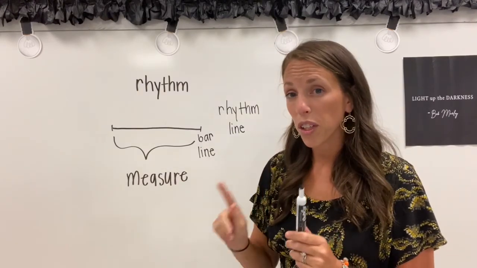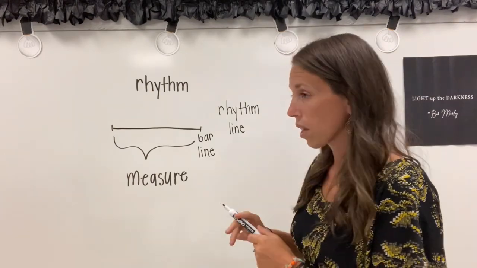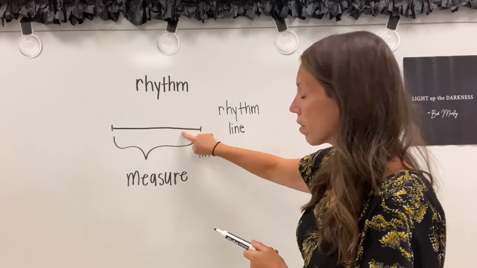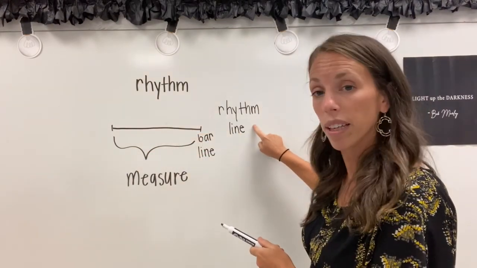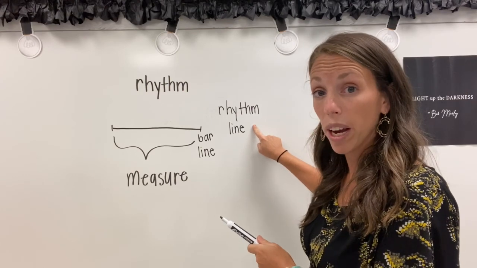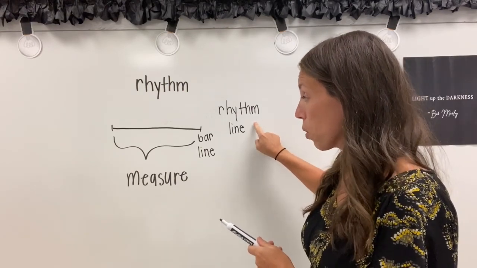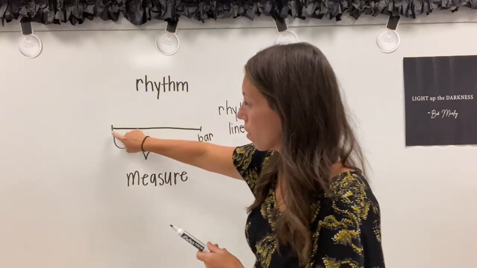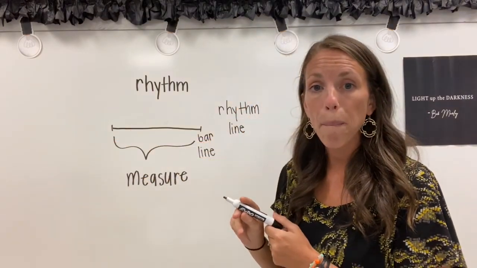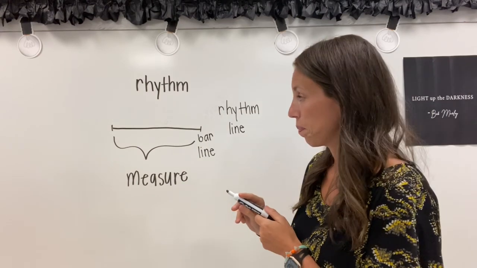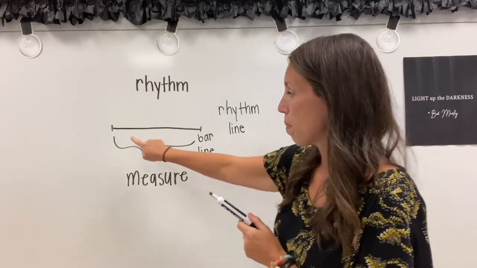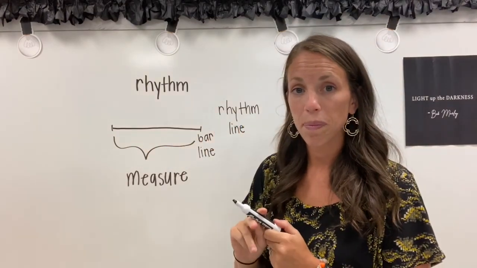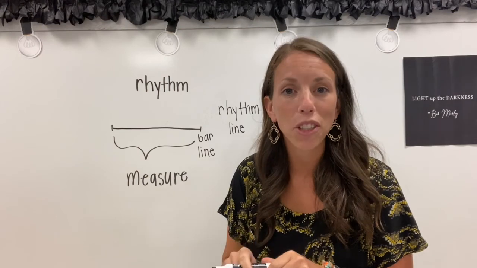So let's review this vocabulary first. Our line here is our rhythm line, and that is where our notes will go. These small little lines are called bar lines. And the space between two bar lines is called a measure.